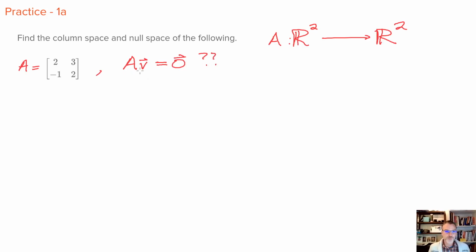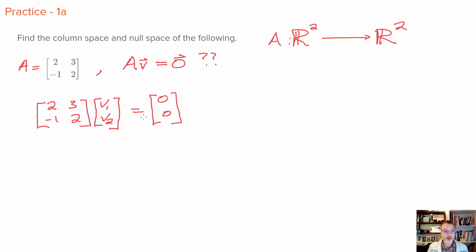Well, let's try it. I'll write my A like this, and I'll write a vector of unknowns right here. I'm going to set up this equation and see if I can get the zero vector after that multiplication.